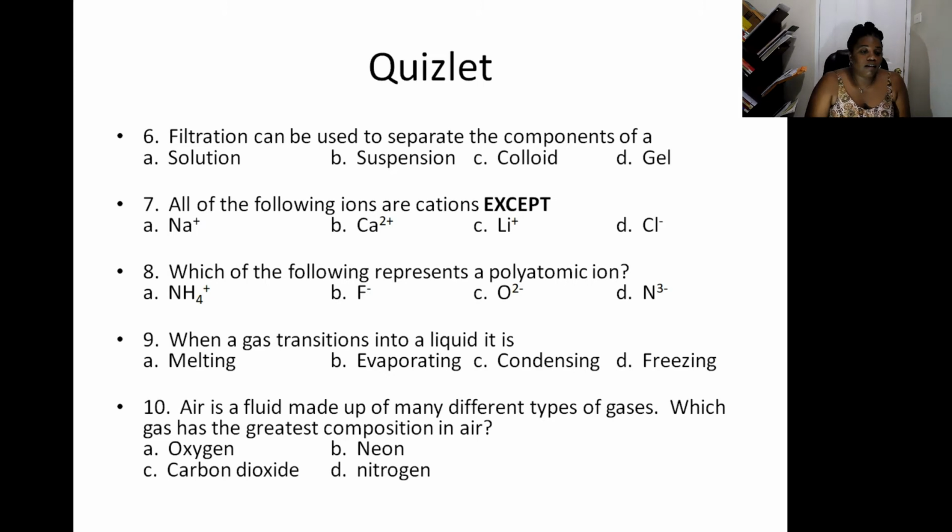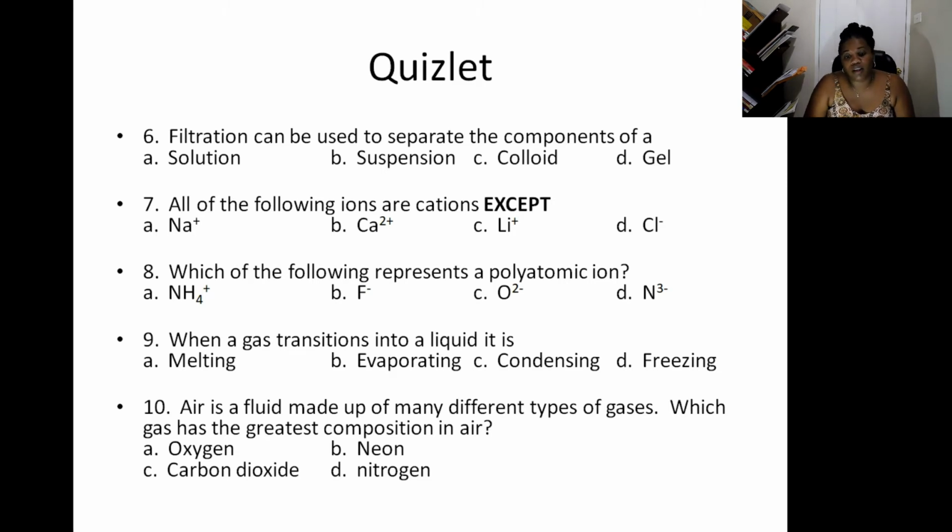Alright, 7, and this is a really good way of, just like I said before, if you would have not listened to me earlier, but you scroll through the video, this is a good way of staying on track, not forgetting what you would have learned earlier. Alright, so all of the following ions are cations except, now again this is another easy question.